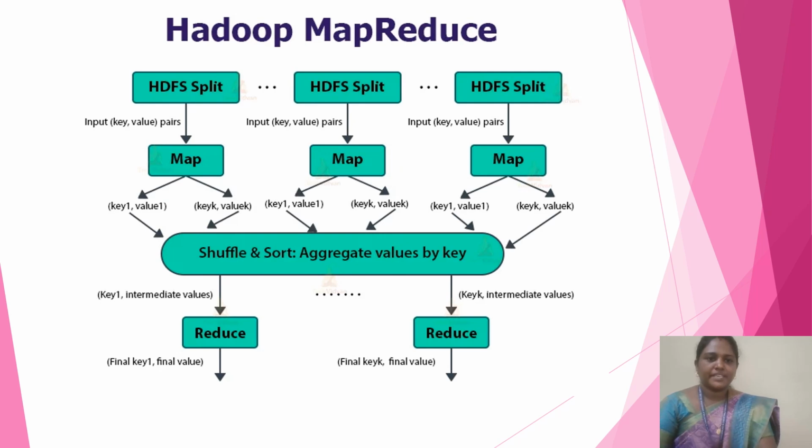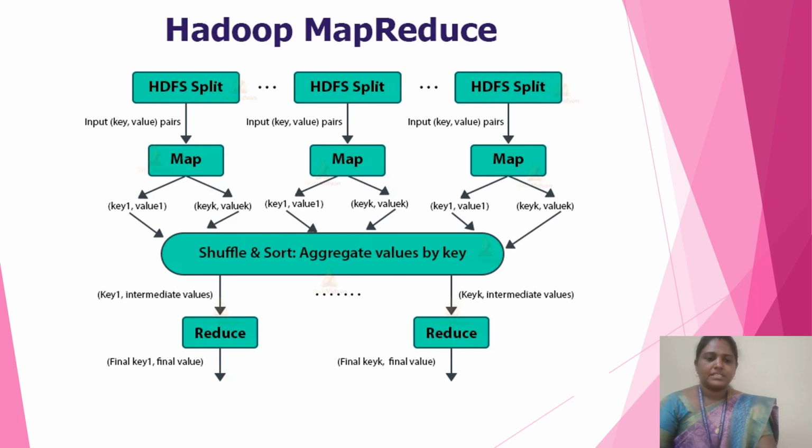Now I will explain the Hadoop MapReduce problem. First, the given input data is split in the Hadoop Distributed File System. This data is identified using key-value pairs. Afterwards it is mapped to key one, value one.